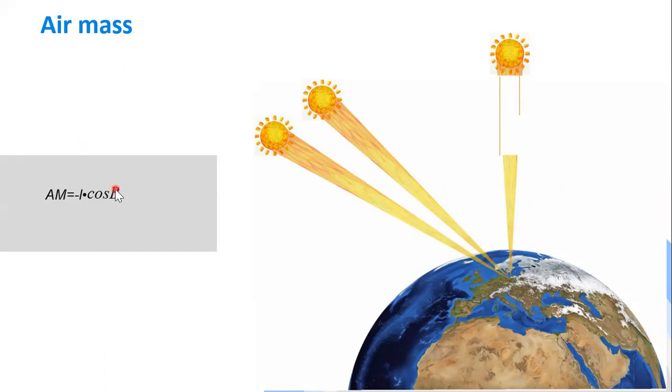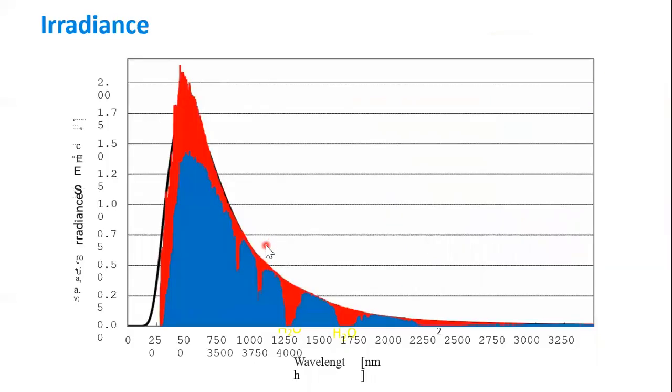And the number written beside this AM, or air mass, is simply related to the cosine of the angle of detection. So whenever you have an orthogonal detection in the space, for example, cosine 0 equals 1 because the angle here is orthogonal. This is what we call AM0. The AM0 simply represents the solar spectrum before reaching the Earth, or in space.